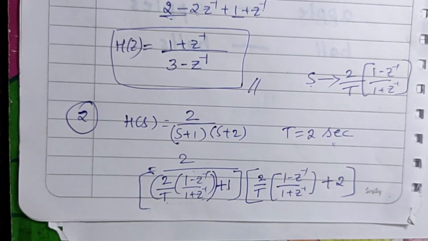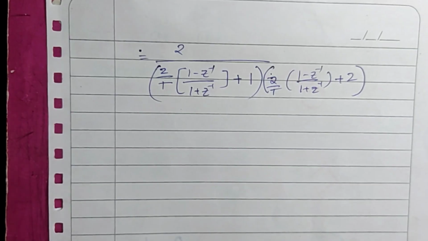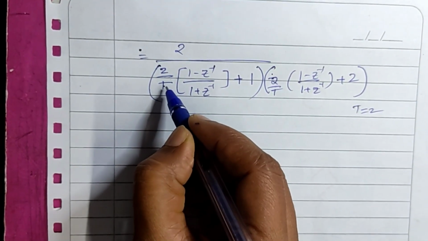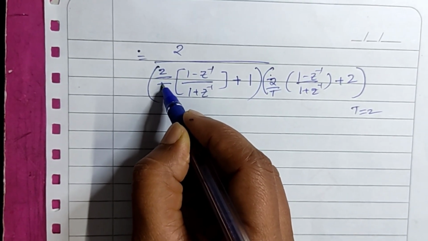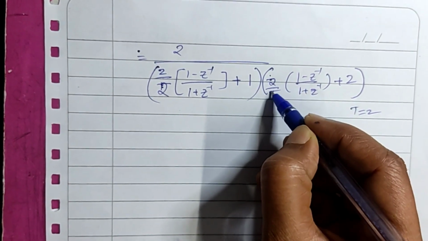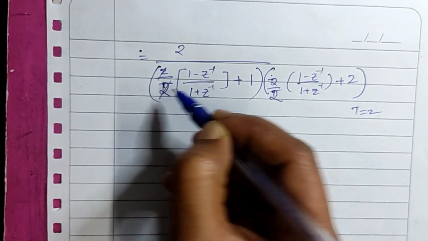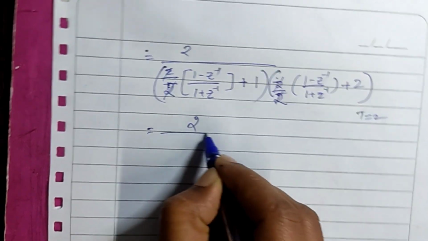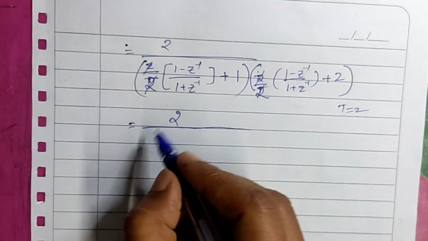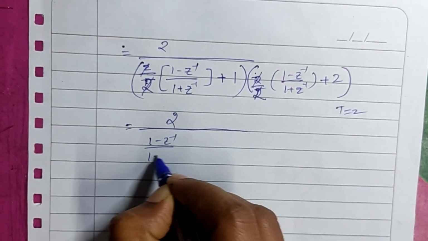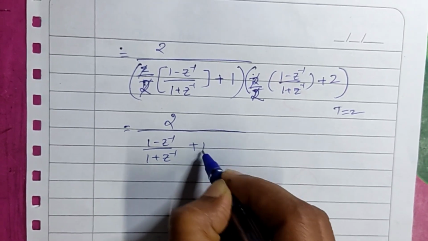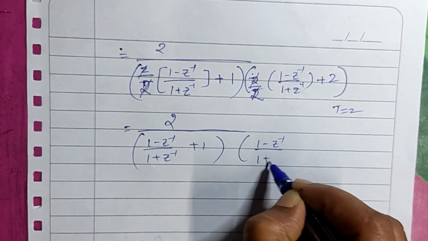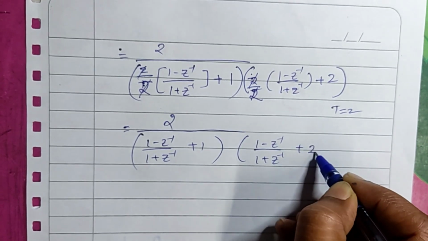Okay. Further is simply simplification. For T is equal to 2 seconds, so we can substitute T equal to 2 here. Once you substitute T is equal to 2, it is 2, and then this is also 2. So the two 2s cancel each other. Then further, just to simplify, it is nothing but (1 minus z raised to minus 1) divided by (1 plus z raised to minus 1) plus 1, into (1 minus z raised to minus 1) divided by (1 plus z raised to minus 1) plus 2.